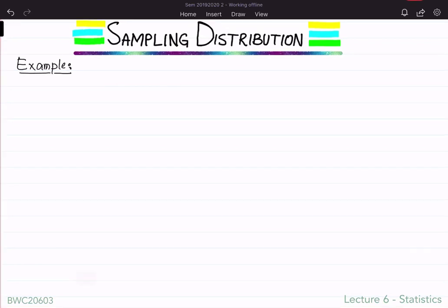Okay, now let us consider we have a population of size n equal to 5 numbers, which are 3, 6, 9, 12 and 15.